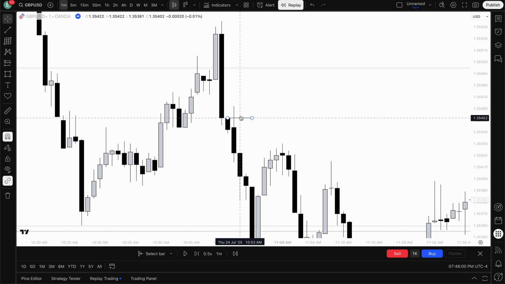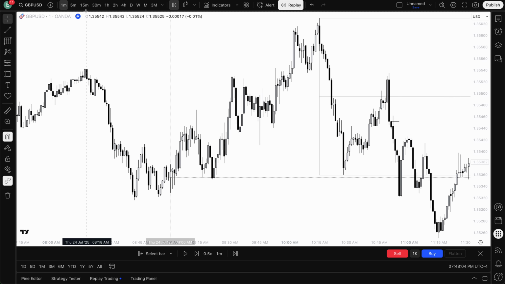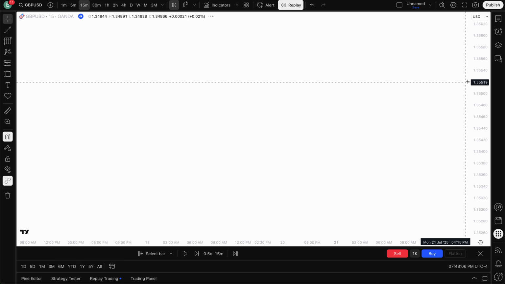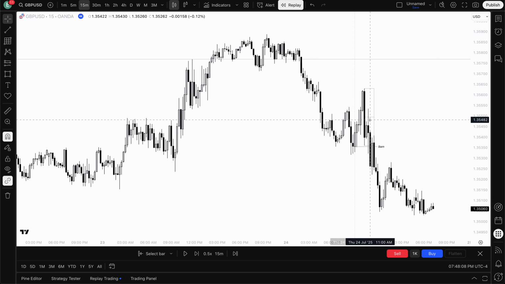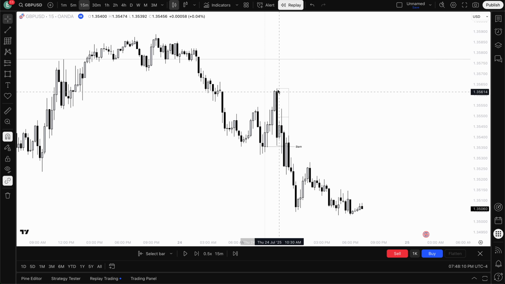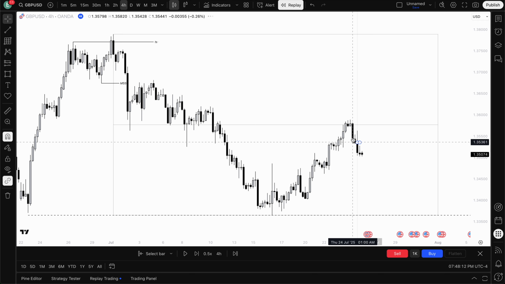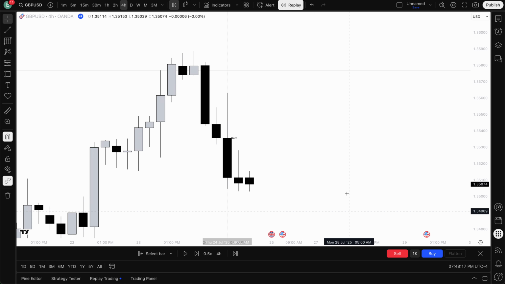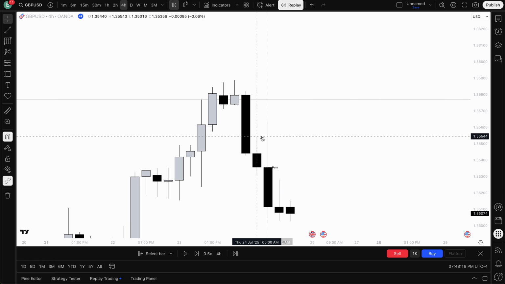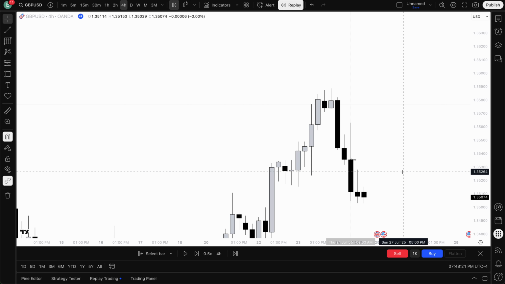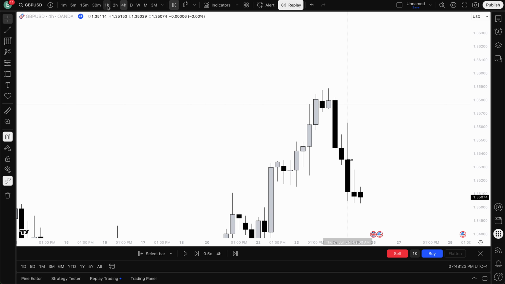And if you were to zoom in to this wick, it would be the exact same thing as zooming into this wick right here. It's the same thing. Do you get what I'm saying? This is CRT.